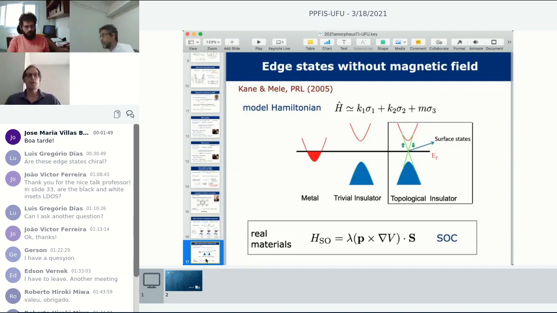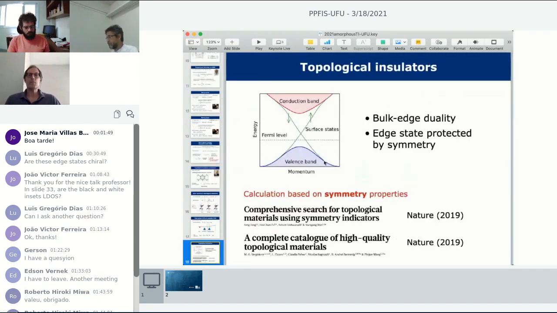Nowadays we have learned a lot. There are 15 years of literature on that, and there is this bulk-edge duality. So you have a gap in the bulk, and edge states that carry your electrons and provide you with a finite conductivity or conductance.